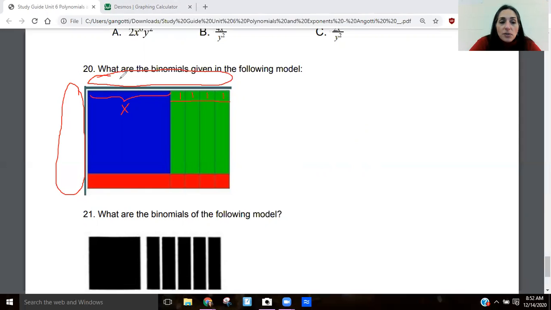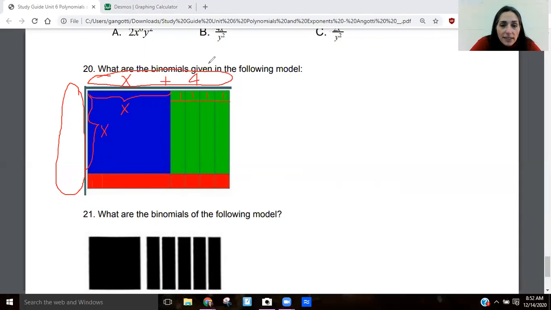Okay, so this would be x plus 1, 2, 3, 4. So this is x plus 4. Along the side, this is x. And then this little tiny space right here is a 1.